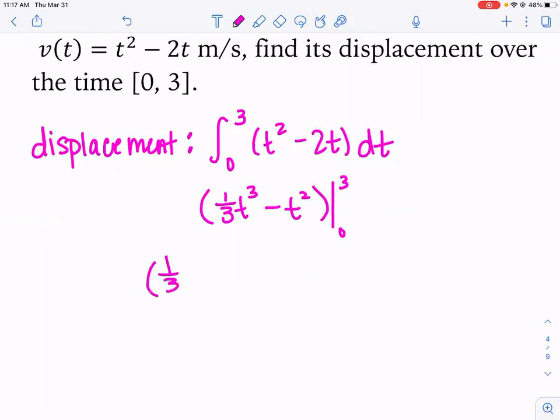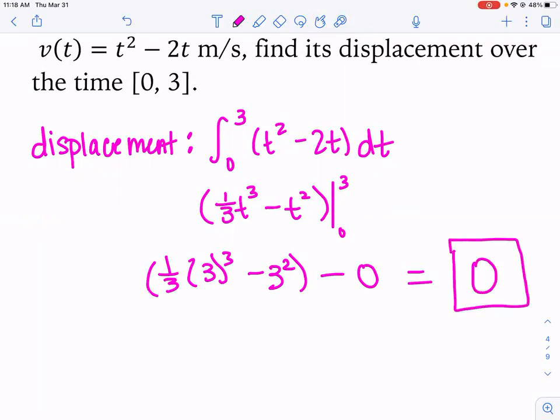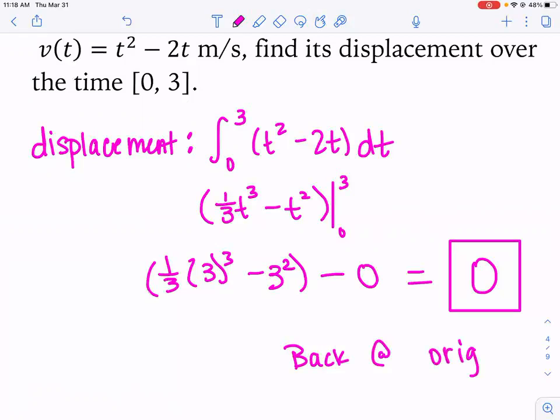We have 1/3 times 3 cubed minus 3 squared minus 0. What do we get? Ooh, our displacement is 0, which means we are back at our original position, whatever that may be.